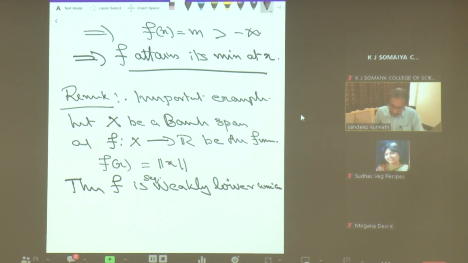So the norm is an important example of a function which is sequentially weakly lower semi-continuous. One generally proves this in a functional analysis course. Okay. So this is a very important example.